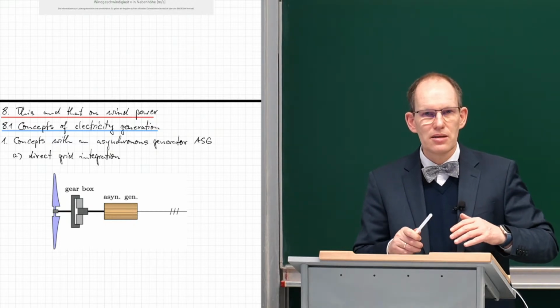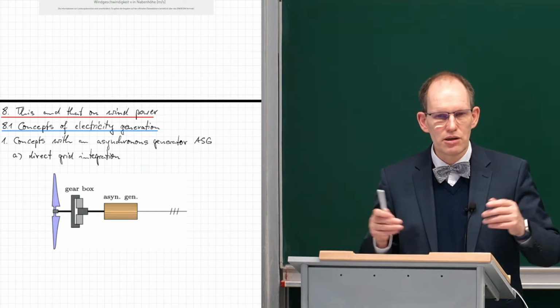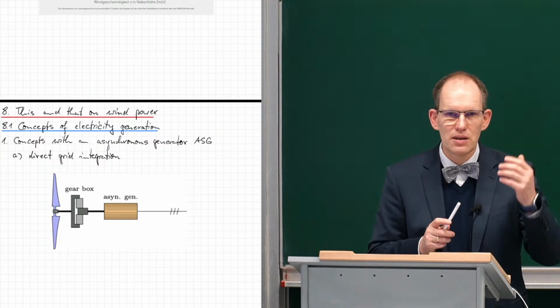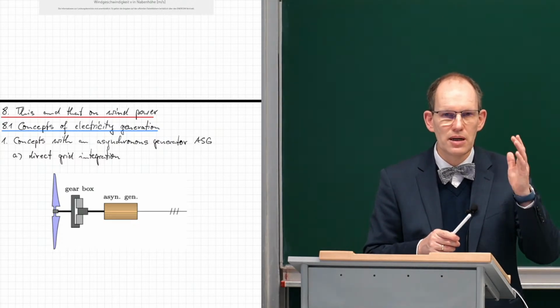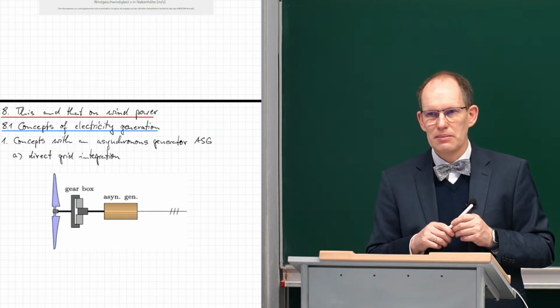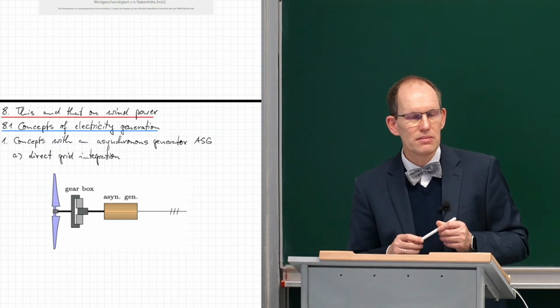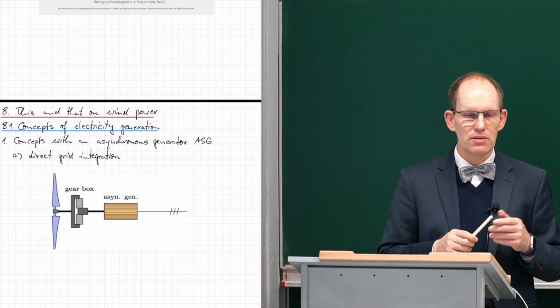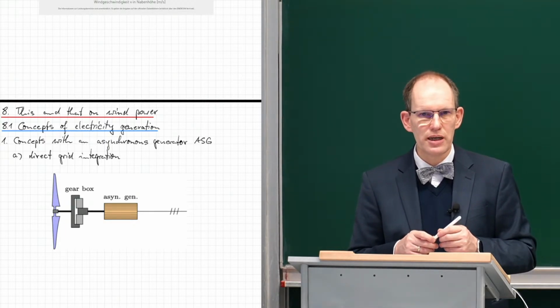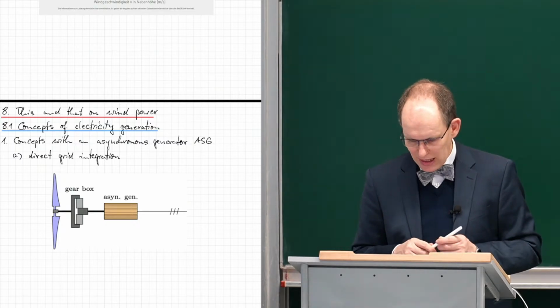And then the grid frequency dropped from 50 hertz to 49 something. And this can lead to the collapse of the grid and to a huge blackout.